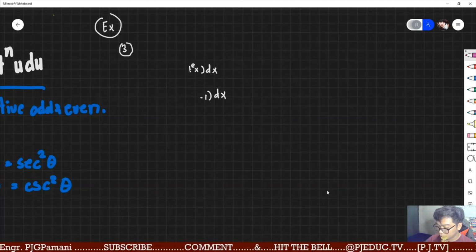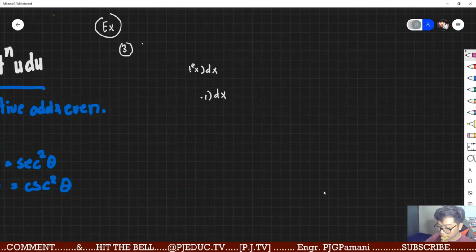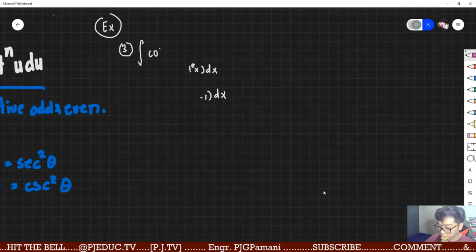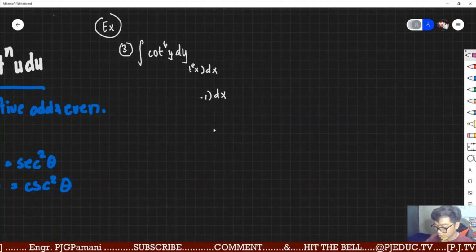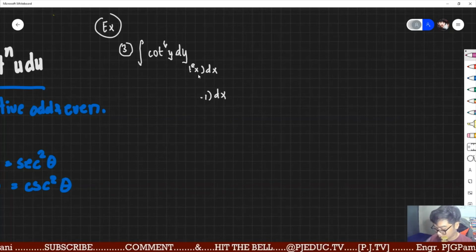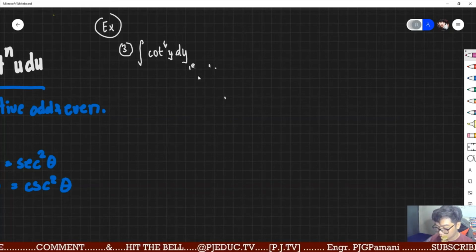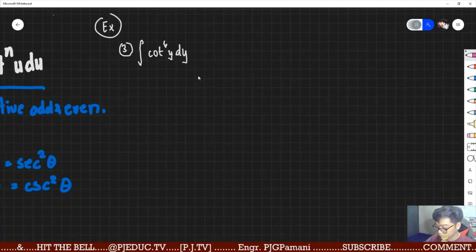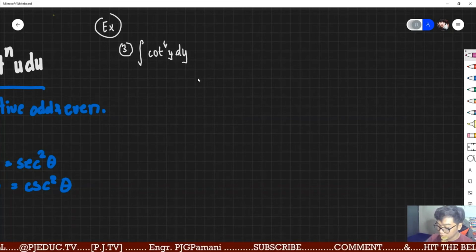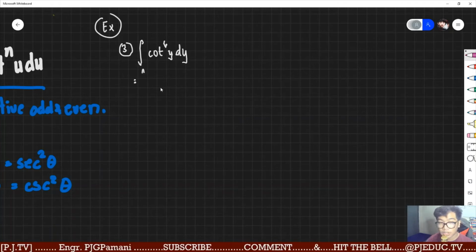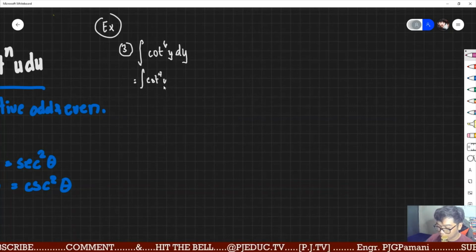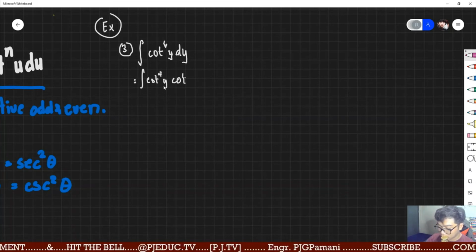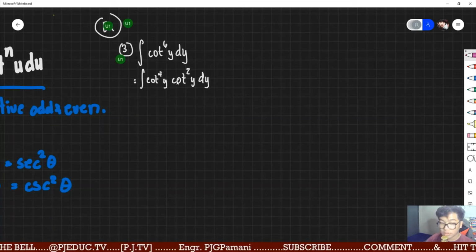Number 3. What if you're now asked to evaluate the integral of cotangent raised to the sixth y dy? What do we do in that case? We can also express this integrand as the product of cotangent raised to the fourth y times cotangent squared y dy, right?